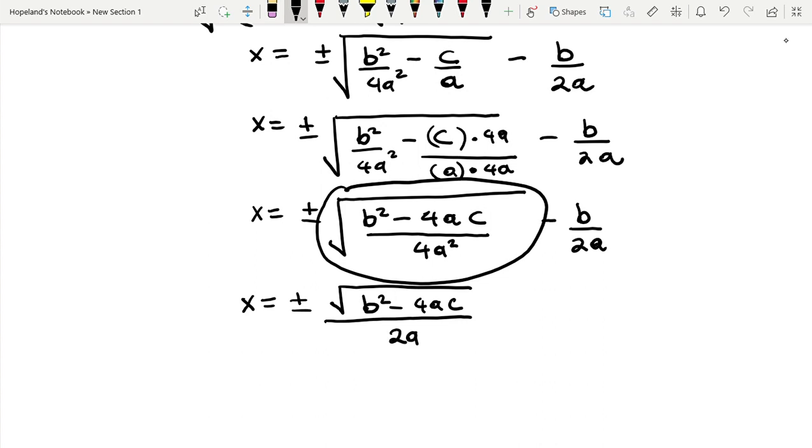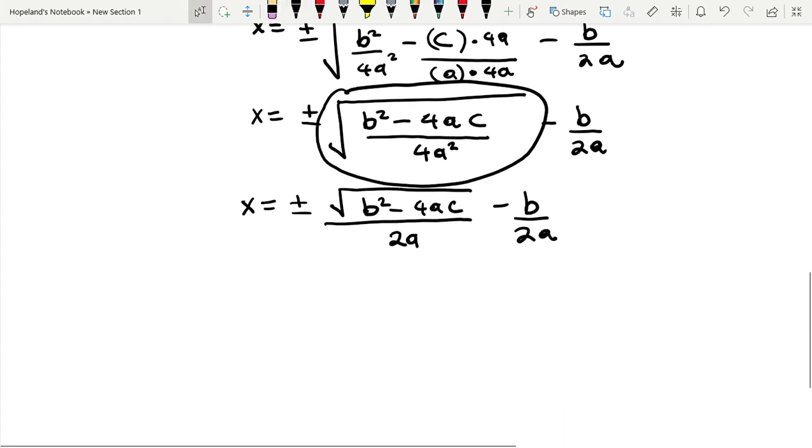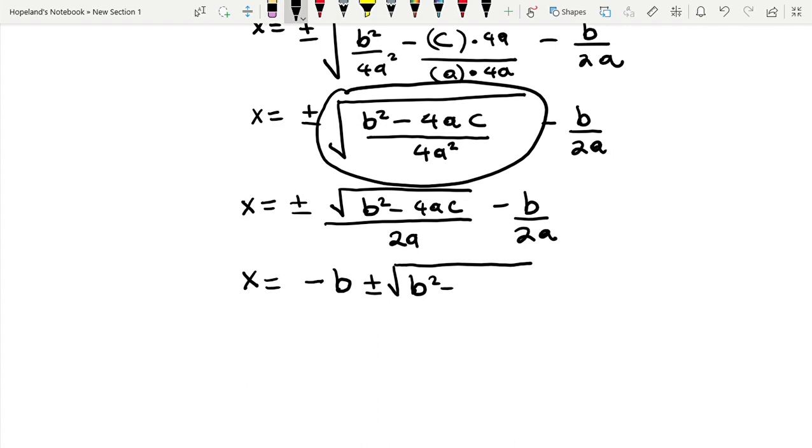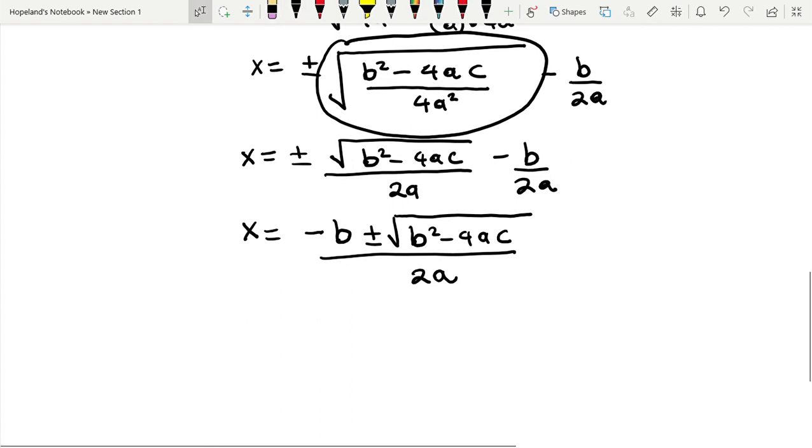And since we have a minus b over 2a here, we want to bring it up front and combine the fraction. And then you'll end up having proved that x is equal to negative b plus or minus the square root of b squared minus 4ac all over 2a. That's it.